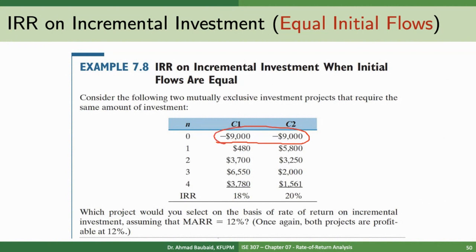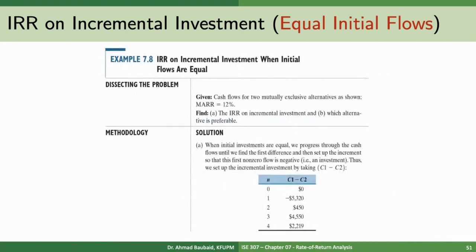The way we do these problems is we look at the next cash flow, so at time period 1, and see how we can get a negative if we can. And here, obviously, if I do C1 minus C2, I'm going to get a negative value at the beginning. And so that's what I do. So that's another thing that you should be aware of. So here you see I get a 0 when I do C1 minus C2, but here I get an initial negative value. And then I proceed exactly as before.